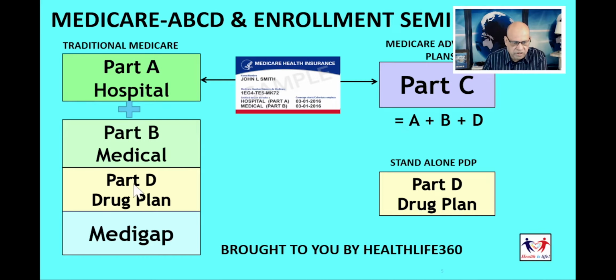Today we're going to focus on the Part D prescription plan, which is a separate plan altogether compared with the other ones. On the other hand, we have a Medicare Advantage plan, which is Part C, which combines Medicare Part A, Part B, and Part D, along with some additional features like gym membership, vision, hearing, and others. But anyway, we're going to be focusing today on the prescription drug plan.